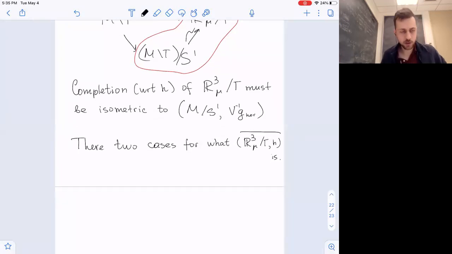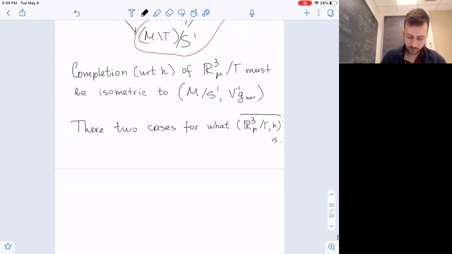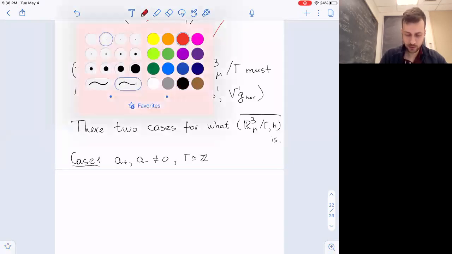And they're controlled not really by group gamma, but they're controlled by whether A plus and A minus are both non-zero or one of them happens to be zero. Case one, where A plus and A minus are non-zero, and I assume that this gamma is isomorphic to Z. So this is really the most interesting case to my taste.